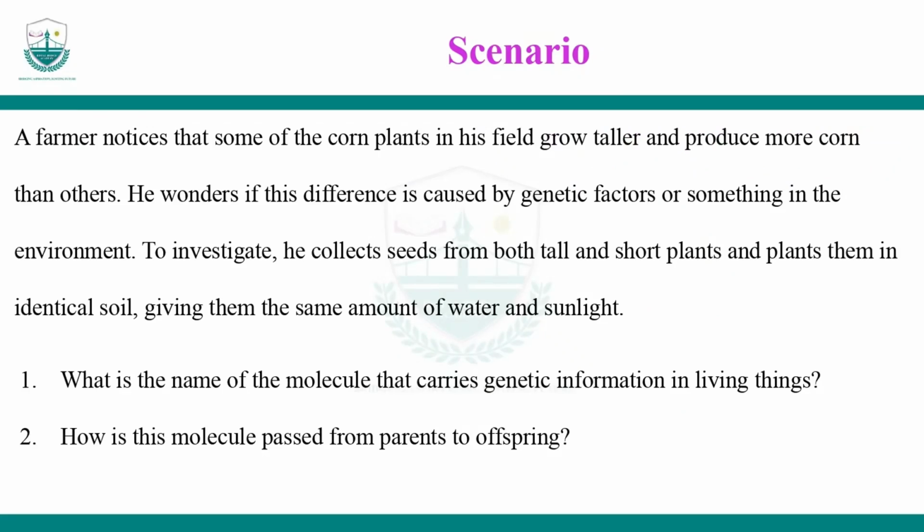lead to variation. So coming back to our scenario, the farmer should note that the characteristics to do with tall and short corn plants are determined by the genetic material, and in this case, the genetic material is the DNA, deoxyribonucleic acid.